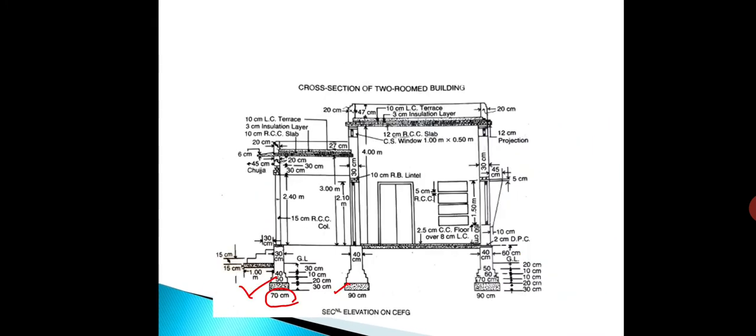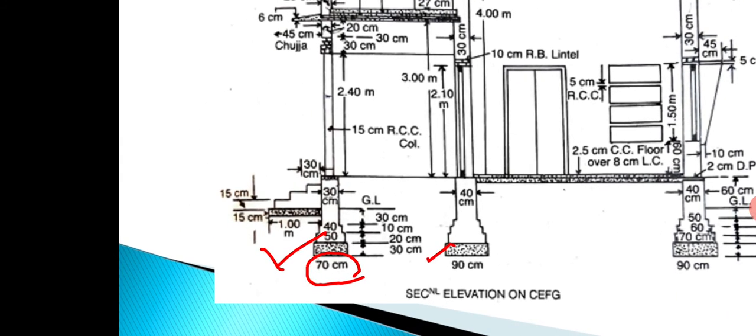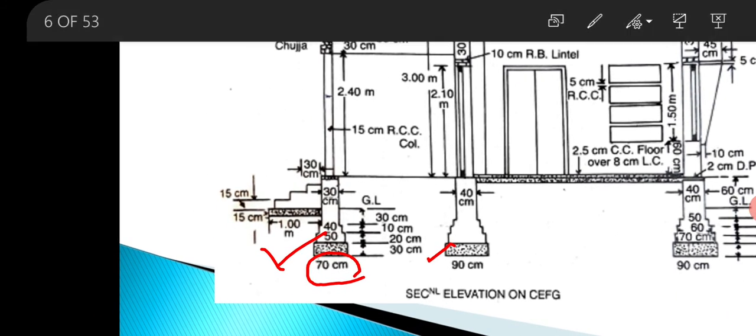Again, you can see the step. This step is of width 1 meter. Clear? You can see here, it is written that the width of the step is 1 meter and the thickness of the cement concrete work is 0.15.